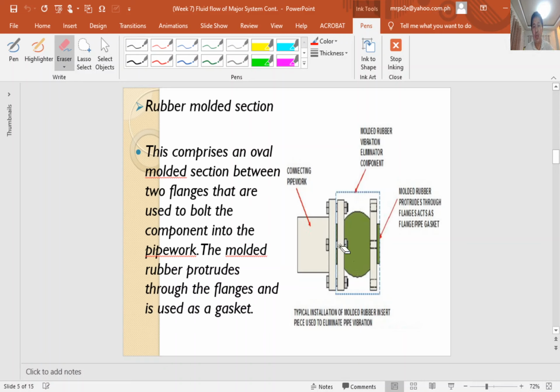Your bolt here, the joint in the flange, will be cut, will break here, you see. So this will play a big role to eliminate vibration of the pipe. So to avoid a pipe crack or cut, it will be installed with a molded rubber coupling.